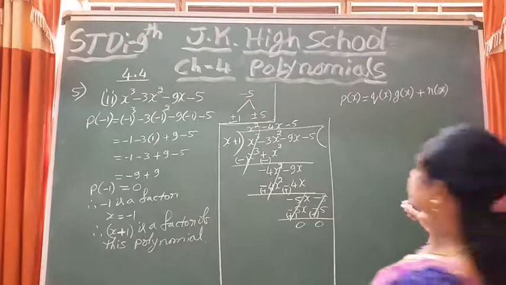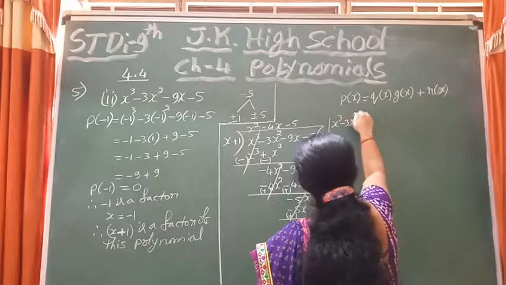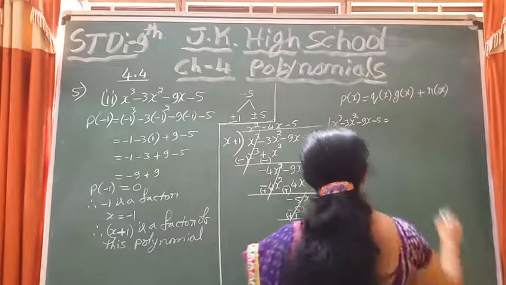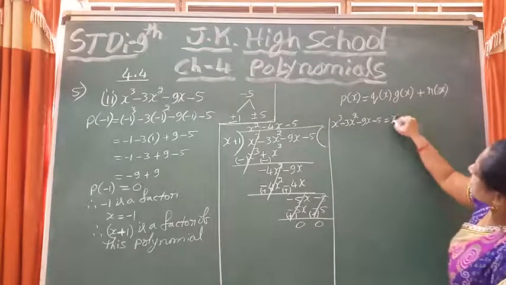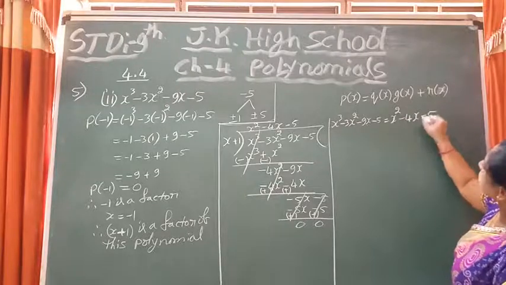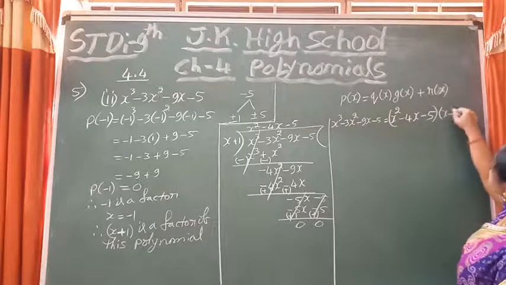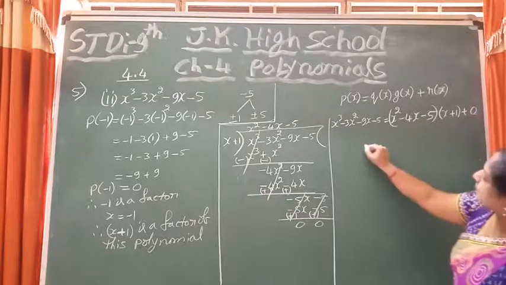So p of x is x cube minus 3x square minus 9x minus 1 is equal to q of x, which is x square minus 4x minus 5. This is a quadratic polynomial. G of x is x plus 1 and the r of x is 0. One factor anyway already we know now.